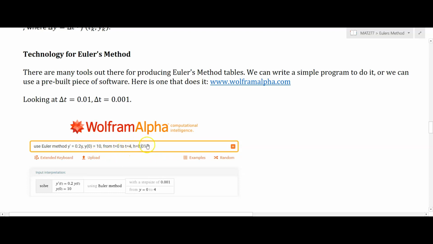And then we list our step size, comma, h equals 0.01. Now h and delta t are the same thing. Some notations use h, some use delta t.